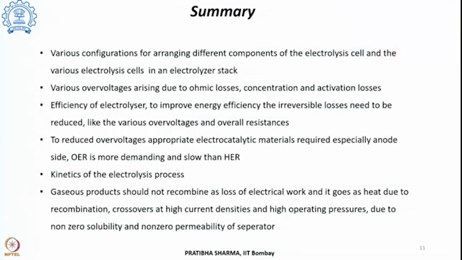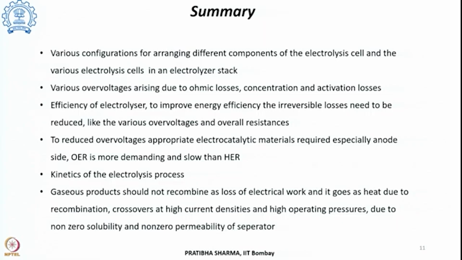To summarize this portion, we have seen the various configurations in which the different components of electrolysis unit can be connected and how these electrolysis cells can be integrated together to form an electrolyzer stack. Also we have seen the various overvoltages which arise due to the ohmic losses, concentration and activation losses in the process of electrolysis.